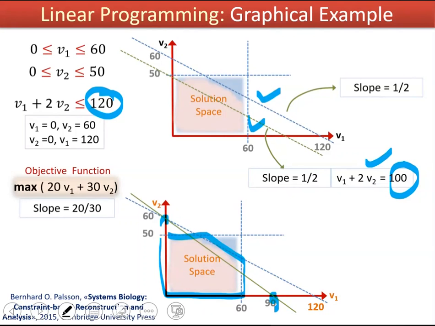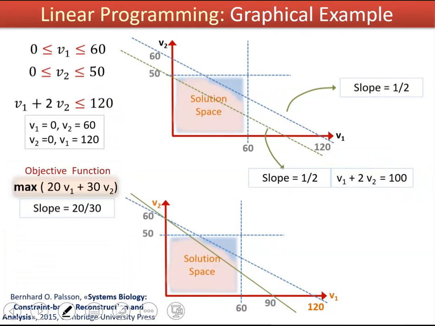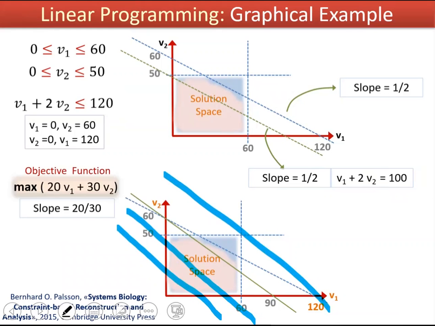If you calculate the slope, 60/90, it is 2/3. But we don't know where exactly this line is. This is also a line parallel to the green line. This is also parallel to the green line.